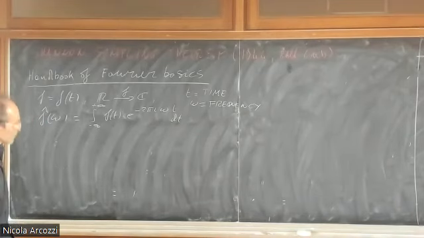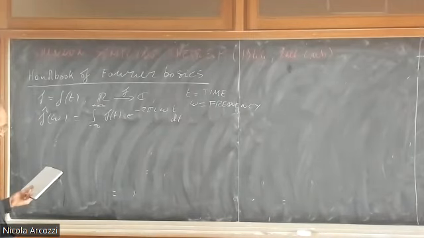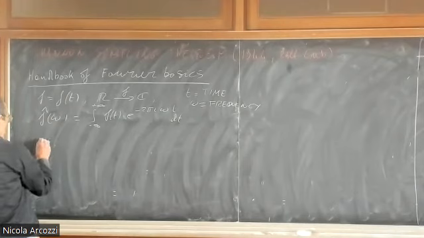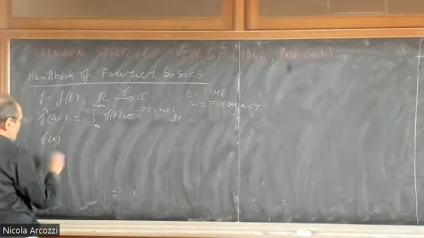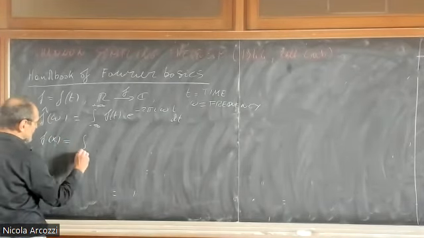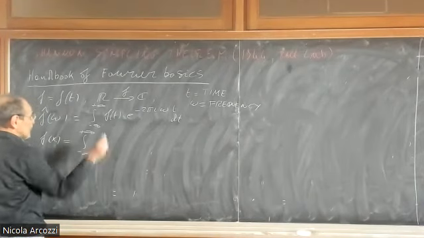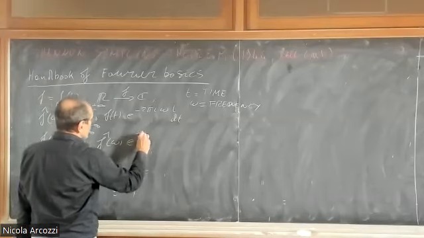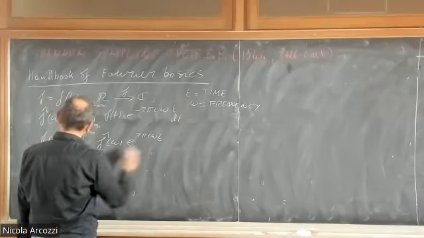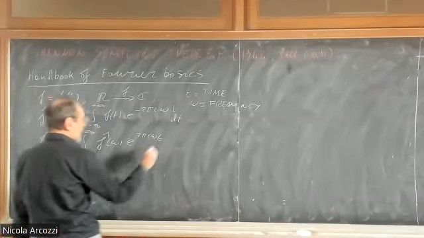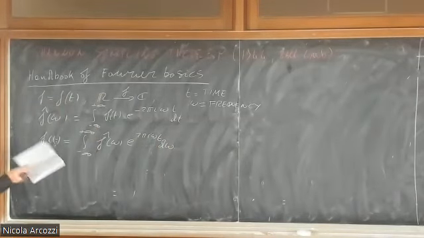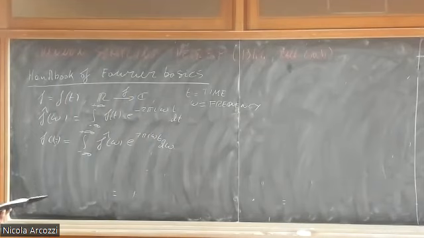What we're interested in is that f of x can be reconstructed as the integral between minus infinity and plus infinity of f hat at omega times e to the 2 pi i omega t, d omega. So basically, the relation between time and frequency is the same as the one between frequency and time.